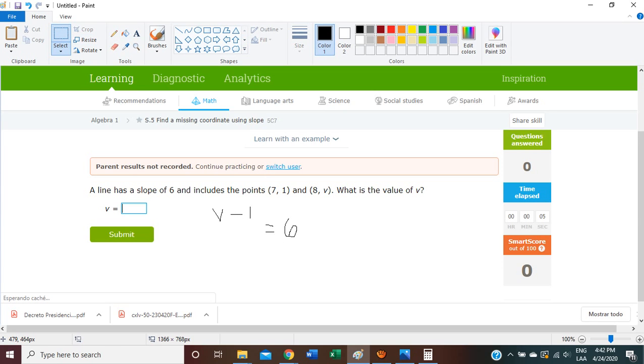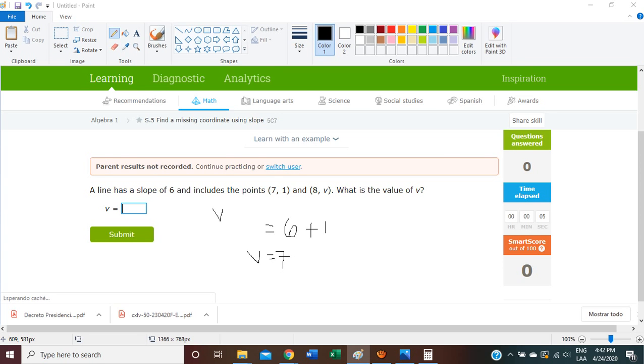Then this number that is subtracting, I am going to send it to the other way by adding, right? So v equals 6 plus 1, and now I know that v equals 7.